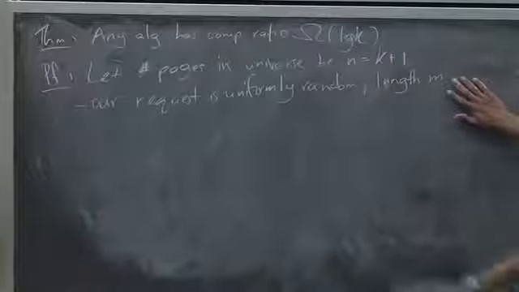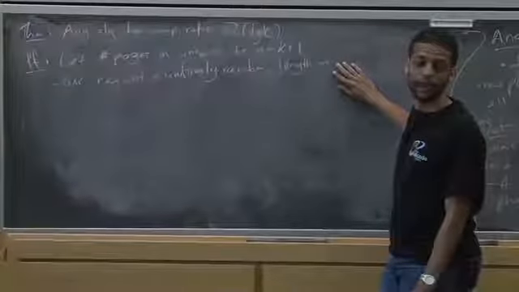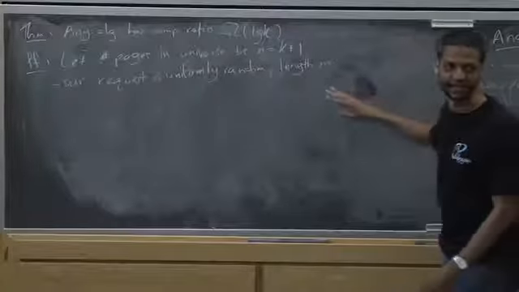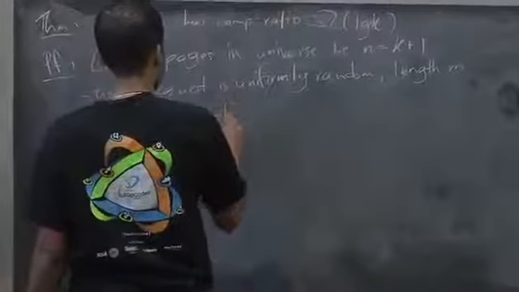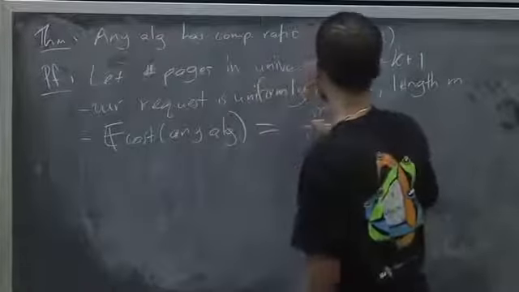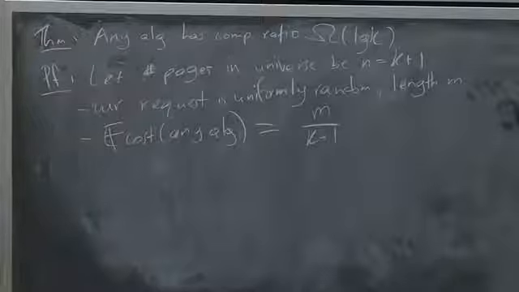I like what you said except for the times k. So I claim the expected cost of any algorithm is exactly m over k plus 1. When a new page comes, I have to pay an eviction if that's not one of the pages I'm holding. But it's a uniformly random page. Out of k plus 1 pages, I'm only holding k of them. So the probability that I don't have this page is exactly 1 over k plus 1.